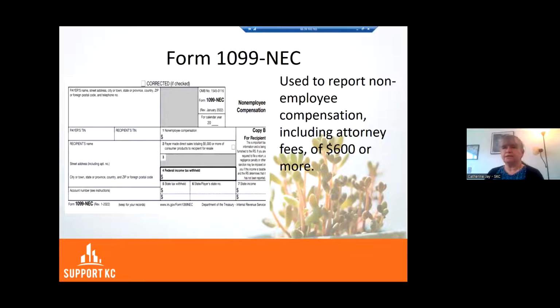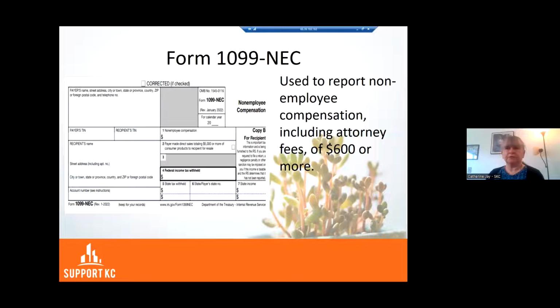And the only thing that goes on the 1099 NEC that's reportable is non-employee compensation. That's what the NEC stands for. And this is where attorney fees are actually included as non-employee compensation on this form. So anything over $600 in non-employee compensation will be reported on the NEC.